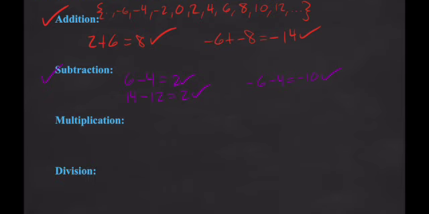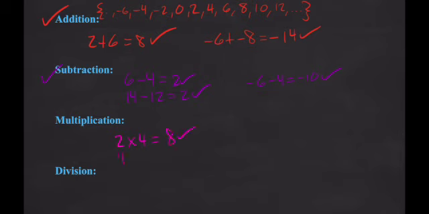Multiplication. Let's see if multiplication works. And we're just going to do a few examples. We're not going to take it to the part of explaining in depth why exactly that is, but we are just going to be able to say, yes, we know it is. Okay, so multiplication. Let's take 2 times 4. 2 times 4 is 8. That's even.